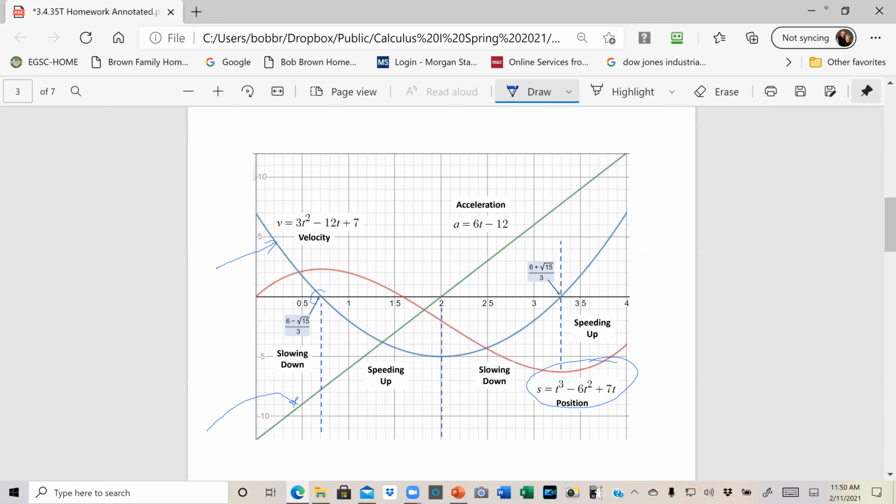So one of the things we pointed out is, when is the velocity zero? And I'm going to show you how we calculate that in a second. But the answer for these two coordinates is (6 minus the square root of 15)/3, and (6 plus the square root of 15)/3.